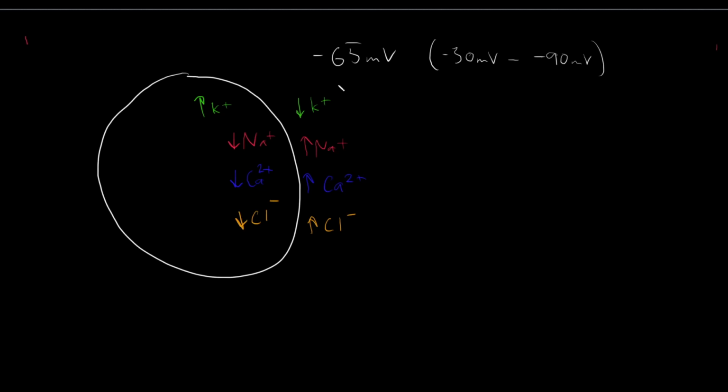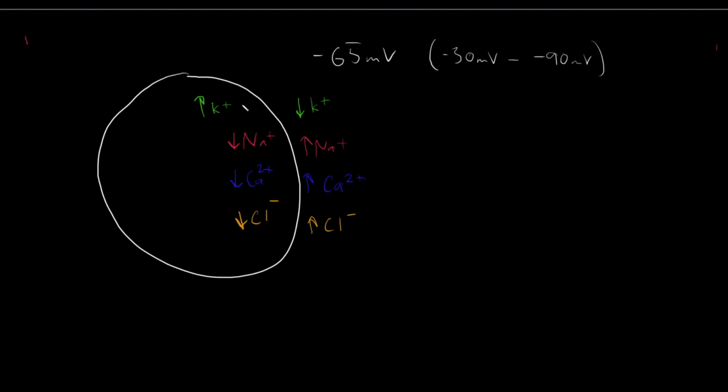So how this negative 65 millivolts for a resting membrane potential occurs is because of two driving forces of these ions. So we'll take potassium for example, but it applies to all of them in principle.